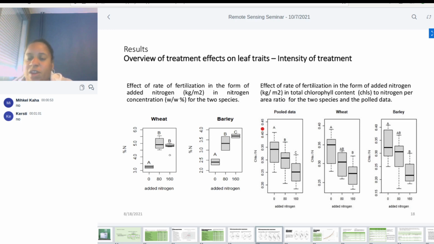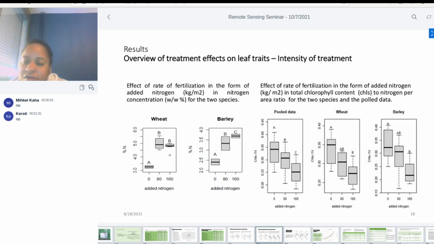And on this one, we have the chlorophyll to nitrogen ratio as a function of the intensity of treatment again, just proving what we said before, that the nitrogen per area did increase with the increase of the concentration of nitrogen added.